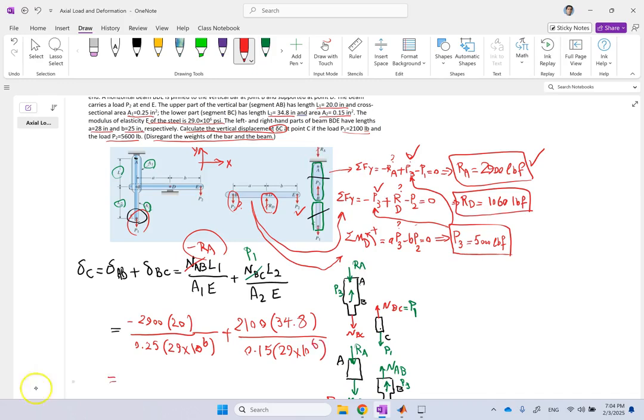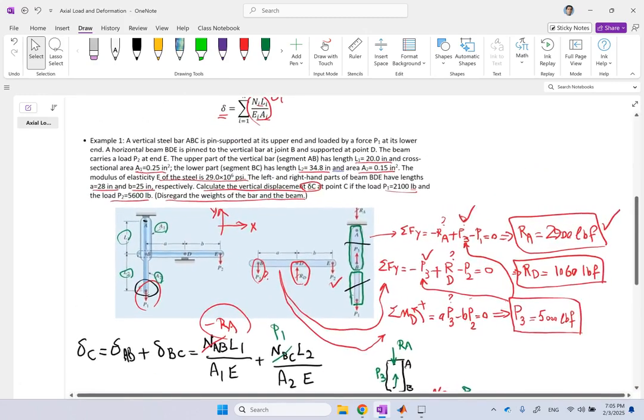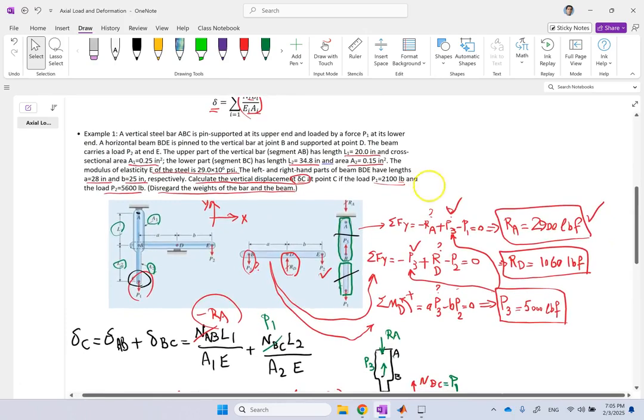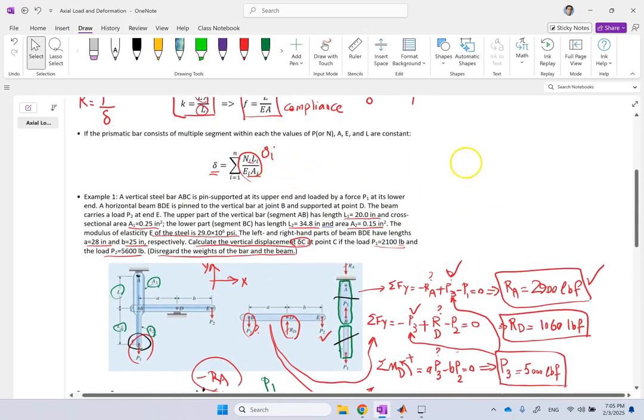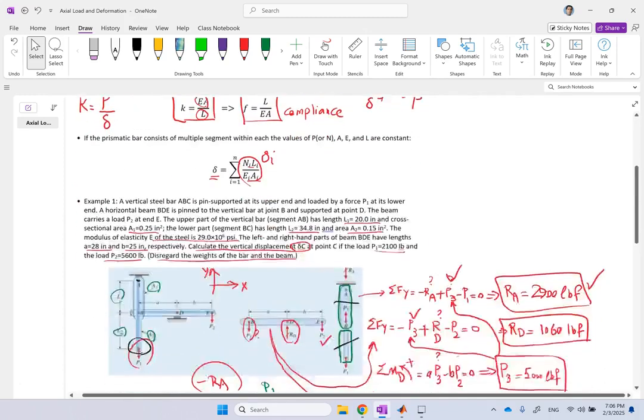So if I simplify, I will get 0.0088 inches. That is how much the bottom of point C is going to go down. Okay, so you see how we use the formulas we learned in statics and the one we just learned for axial deformation of solid mechanics to solve this problem here.